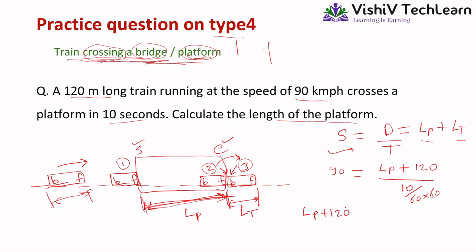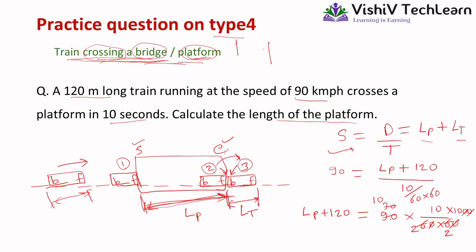Further we can write it as 90 into 10 by 60 into 60. Now this is in kilometers, so we can multiply here by 1000 again, so that we will do the calculations very easily. Two zeros we can cancel, and here we have 30, and here will be 2, and here we can have 10, and here again it will be 2.